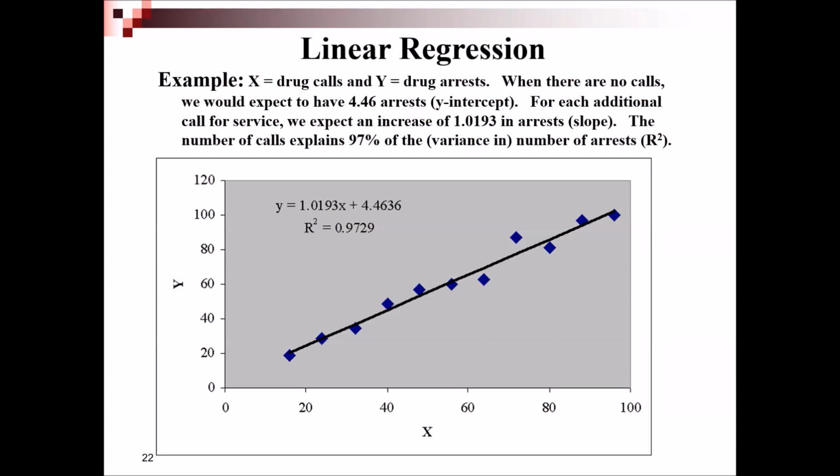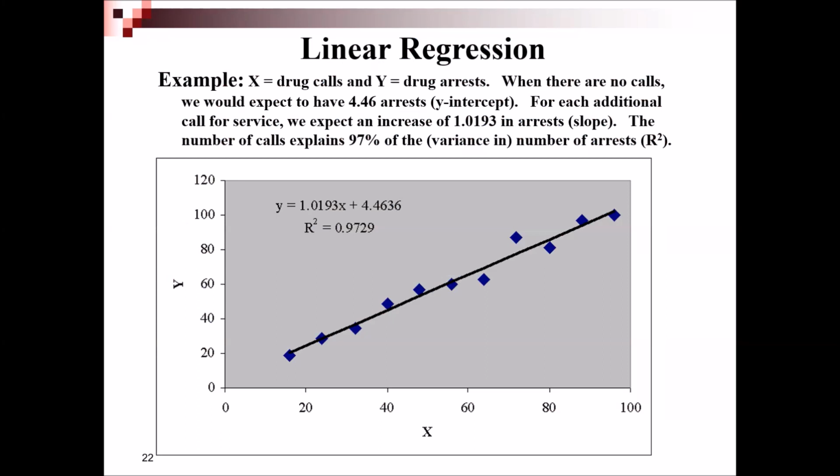If we're doing some sort of crime analysis, if we get 6 calls, we do 6 times this number plus 4.46, and this is the number. This is taken from real world data, and we have R squared equals 0.97, meaning look how close these points are to the line. This is a really good model.